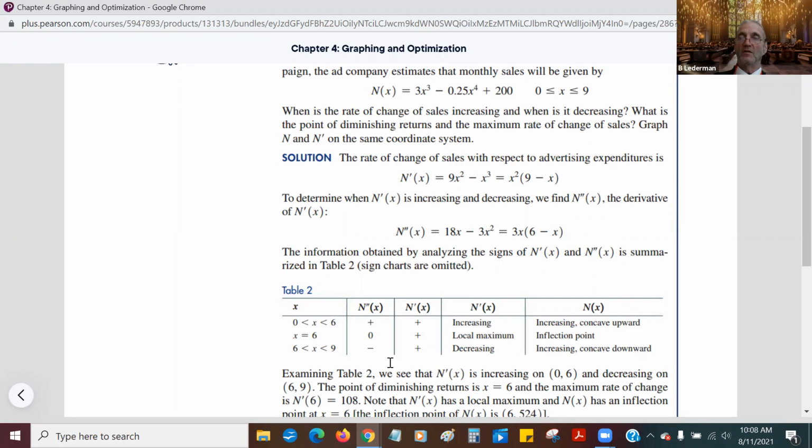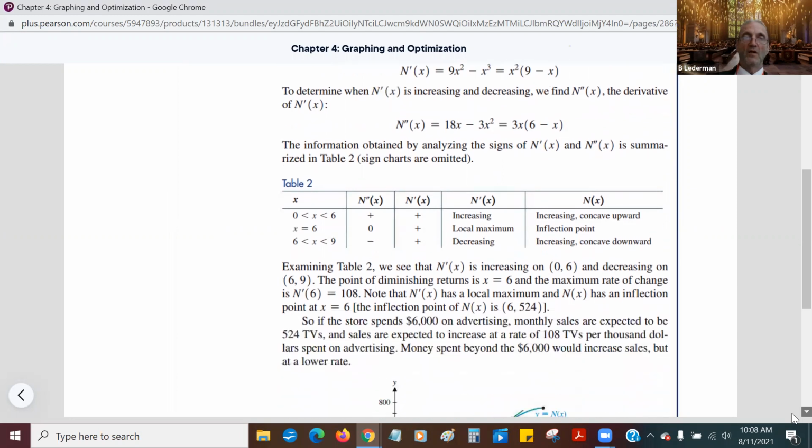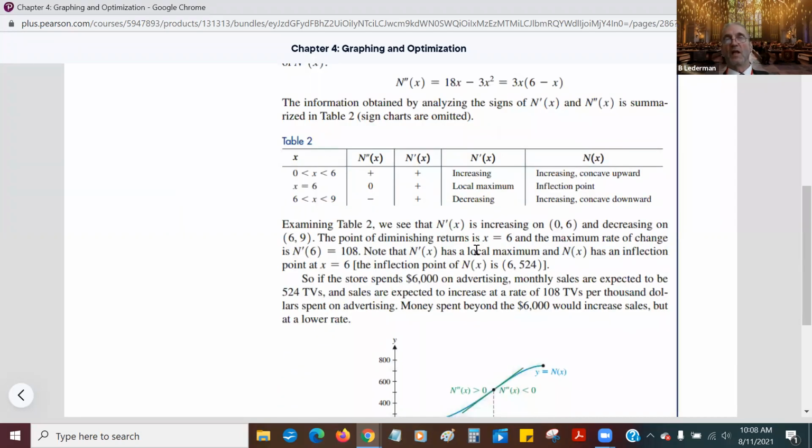So if we look at the table, N' is increasing on (0, 6) and decreasing on (6, 9). The point of diminishing returns is x equals 6. Not that sales aren't increasing at x equals 6, but they increase slower once they hit x equals 6. That's the point of diminishing returns.